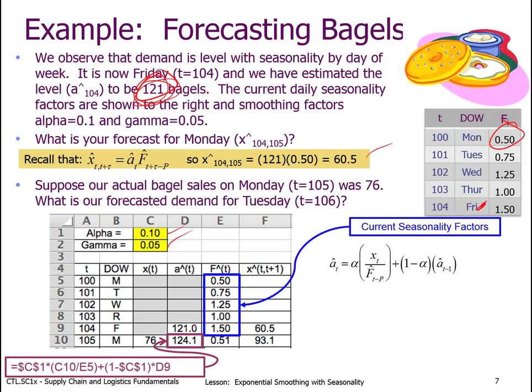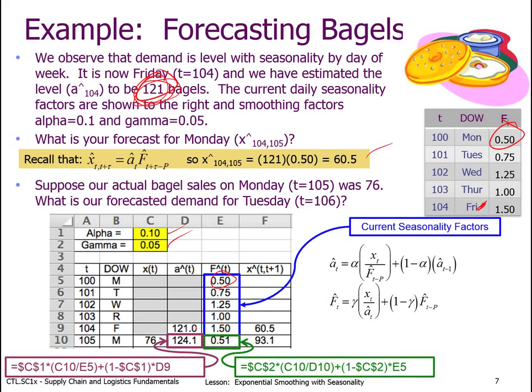estimate. Now, I'm doing a level here, so what am I going to divide it by? E105. It's a Monday, right? Because I want the level, I'm de-seasoning it by a Monday seasonality factor. And then I'm going to add to that 1 minus alpha times D9, where D9 is the most recent estimate for the level, which is 121.